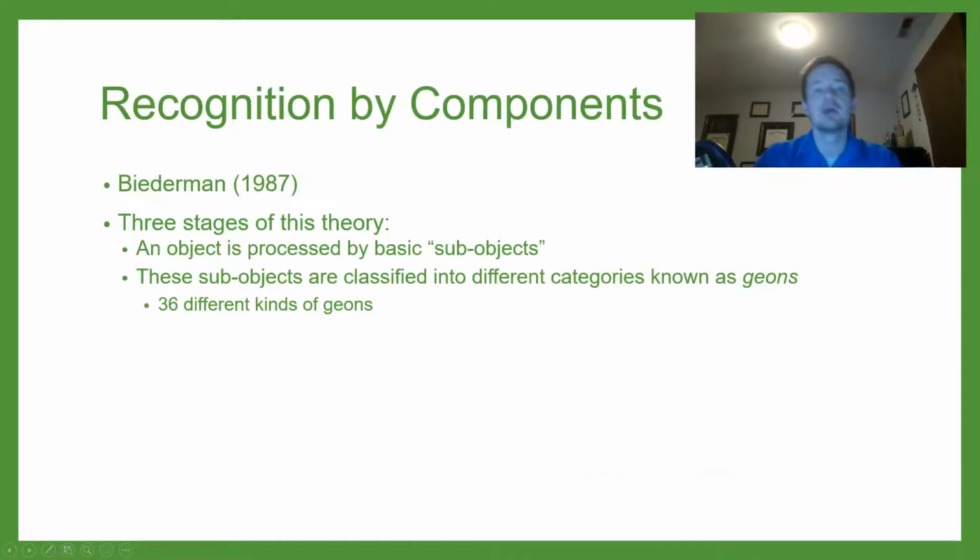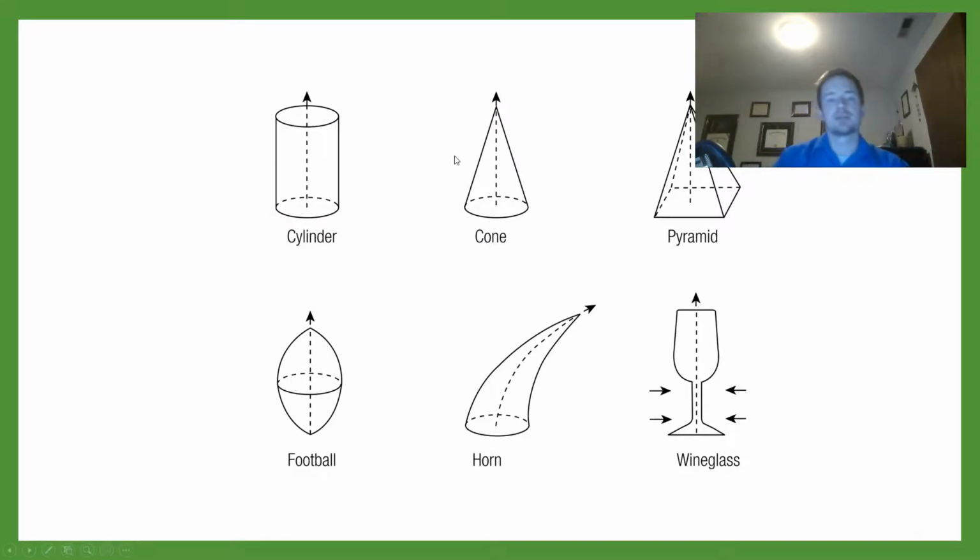You got it. The second stage then is that we're going to take those sub-objects, the neck, the legs, etc., and we're going to classify those into different categories of geons. And a geon is short for geometric ion. You can think of it as basically the simplest version of a 3-dimensional shape that you can get. So for example, this is a cylinder.